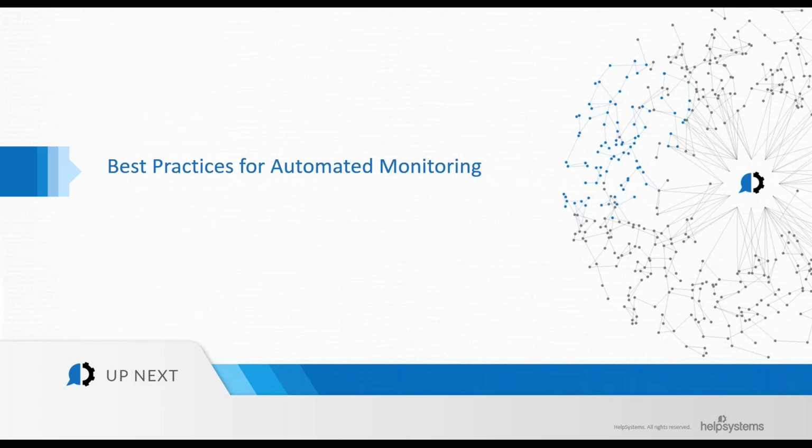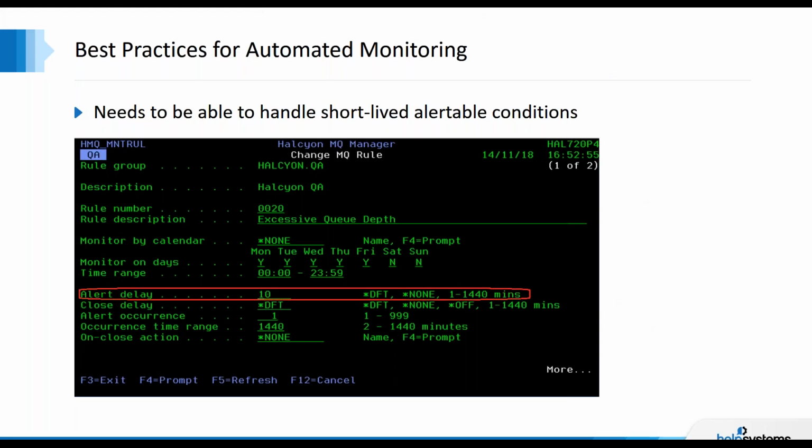Let's have a look at some of the best practices for automated monitoring. Short-lived conditions. So in Halcyon's MQ Manager, we've built in something called alert delay. This feature is designed to handle what we call short-lived alertable conditions.